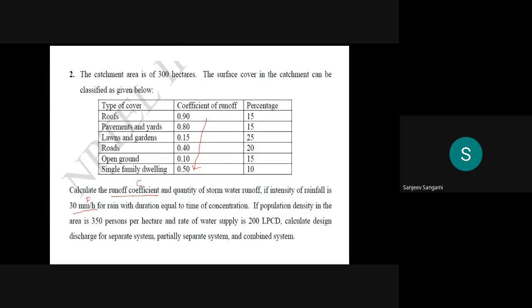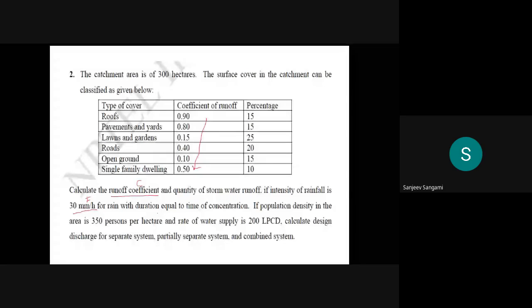For rain with duration equal to the time of concentration, whatever the 30 minutes is, for example if the rainfall is happening for 30 minutes, that 30 minutes will be the time of concentration.